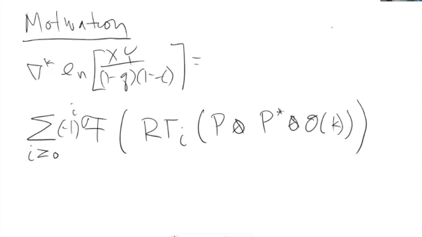Okay, so what do I mean by this? First of all, this is a space of sections of three different bundles on the Hilbert scheme of n points on C2.